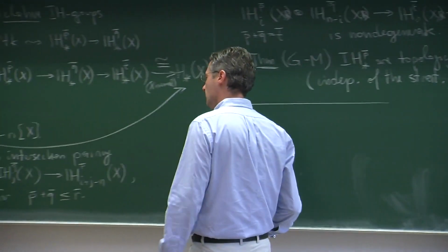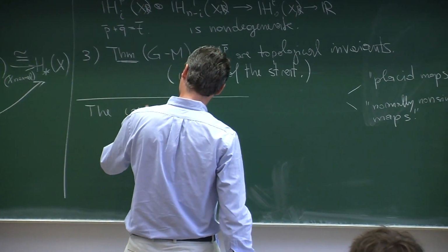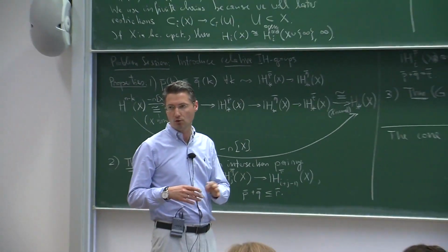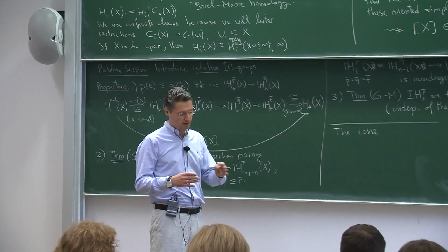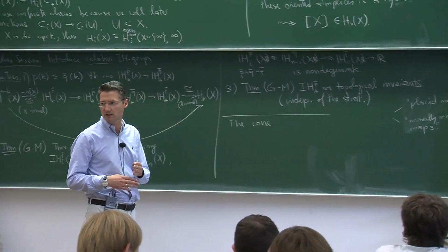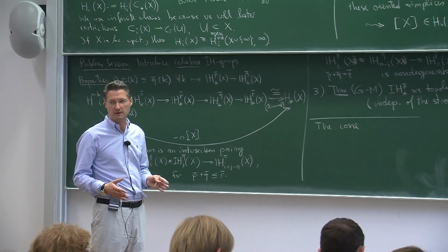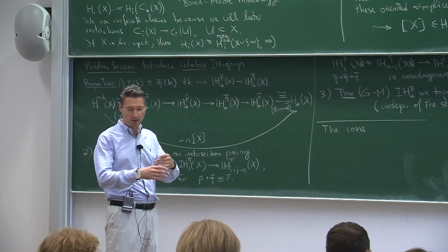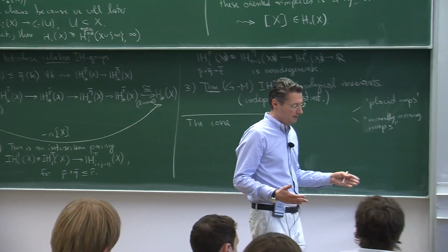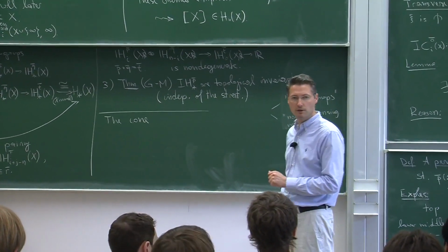But I want to devote some time to the cone now, because the behavior of intersection homology on the cone essentially controls everything. Because then I just have to cross with Euclidean spaces. That's no big deal. That's easy to trace what happens there. And then you have, in fact, Mayer-Vietoris sequences for intersection homology groups with respect to open subsets. And so it follows from this that essentially the behavior is controlled on cones. So that's a key thing that one has to understand.